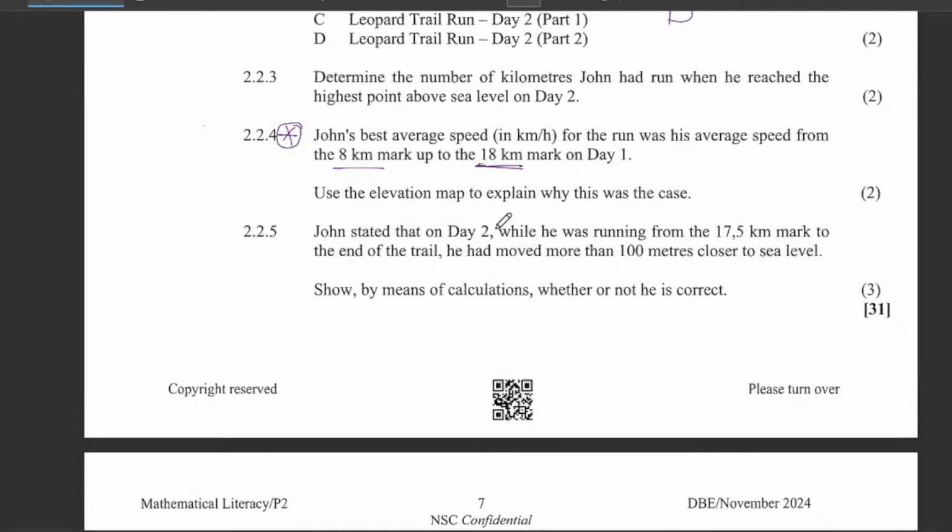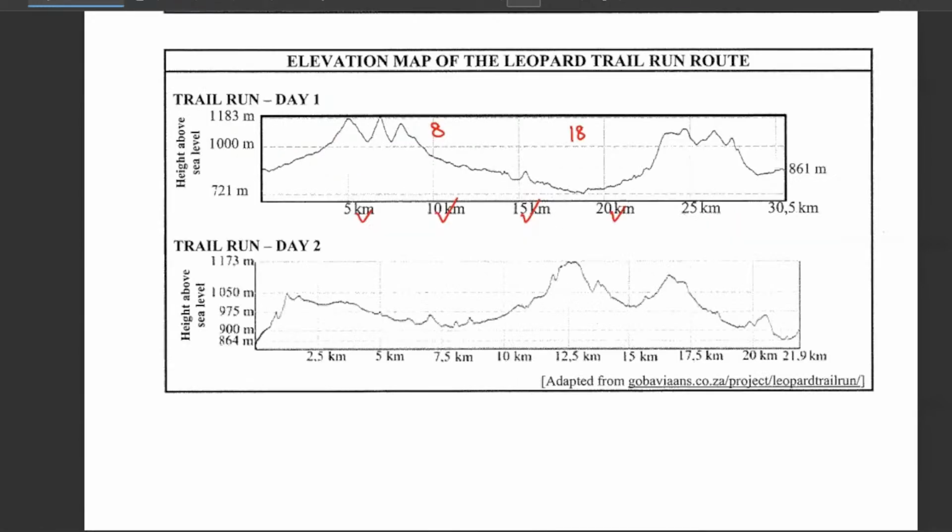John stated that on day 2, while he was running from the 17.5 kilometer mark to the end of the trail, he had moved more than 100 meters closer to sea level. Show by means of calculation. So now we shall take 17.5, what distance was it? That's what we have to know.